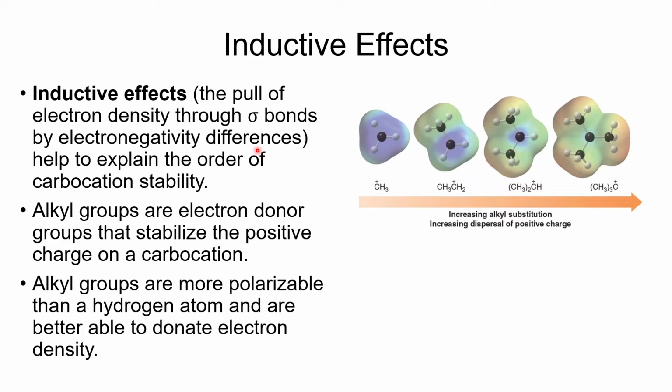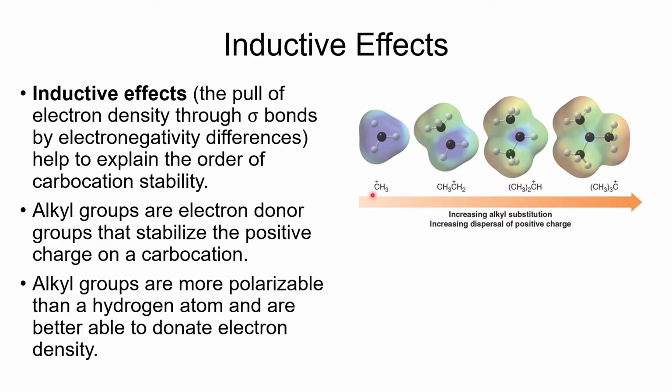Another aspect of this is just looking at the polarizability of an alkyl group versus a hydrogen. Hydrogen is just one atom with one electron, whereas an alkyl group is 4 atoms with a whole bunch of electrons. At least the methyl is 4 atoms. So it has all kinds of electron density to potentially donate to that carbocation, to the positive charge.